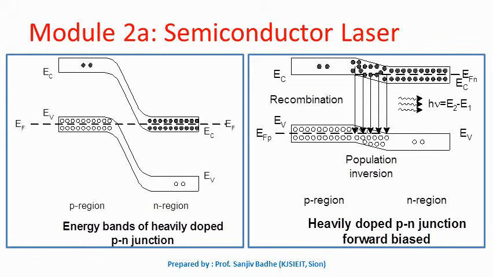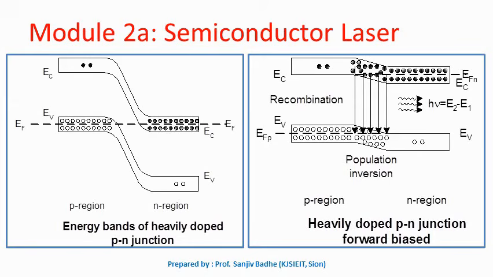Now what is laser? Properties of laser light we have seen. The light travels in only a single direction. So this can be achieved by polishing the PN junction from all sides and allowing the photons to come out only in one direction. So that directionality is achieved. Second is monochromaticity.